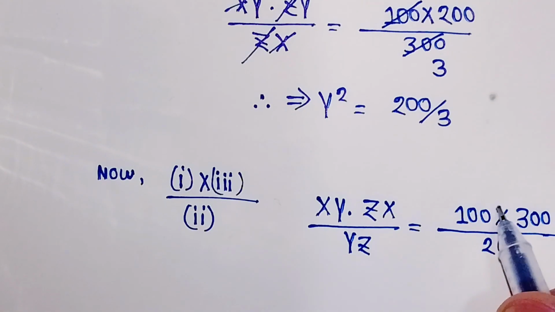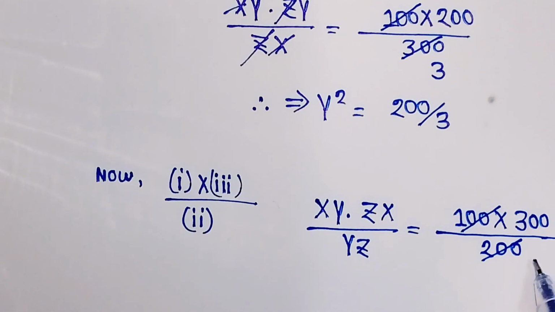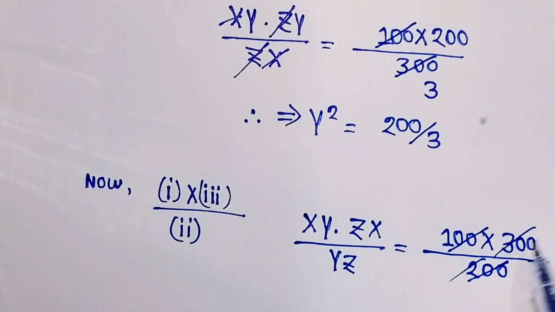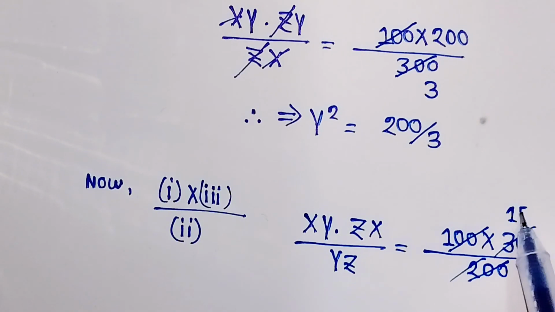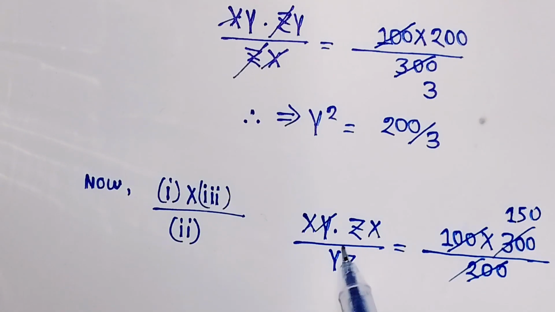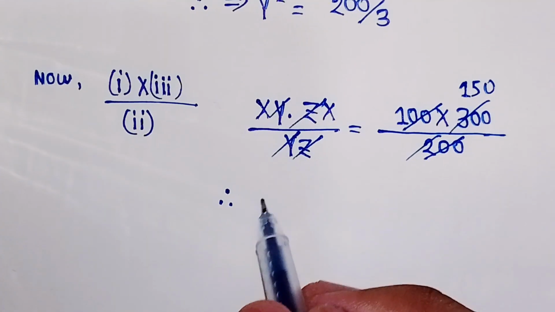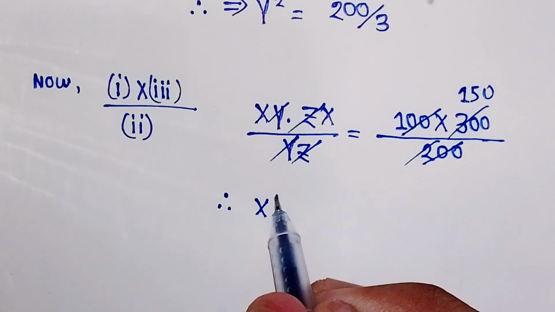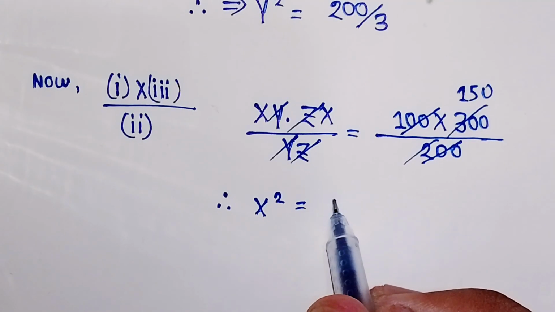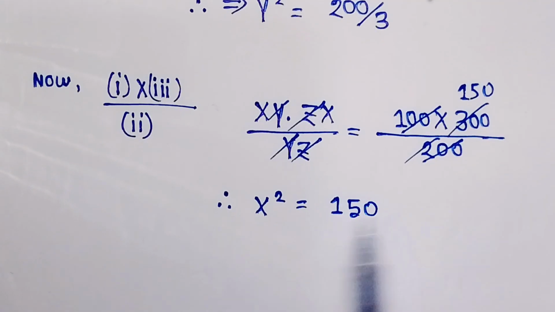Then this 100 and this 200 will be cancelled out, and 2 divided by 300 will be 1/150, and this y will be cancelled out. This z and this z will be cancelled out. From here we'll get x square equals 150.